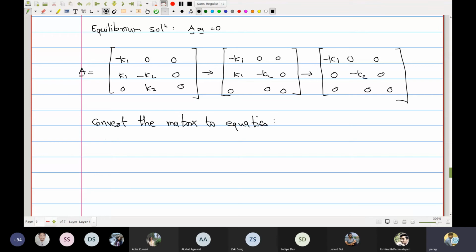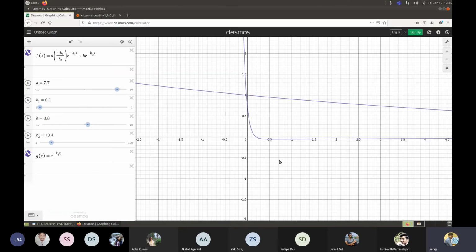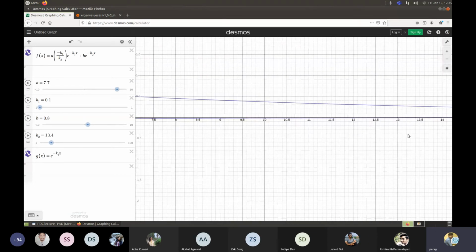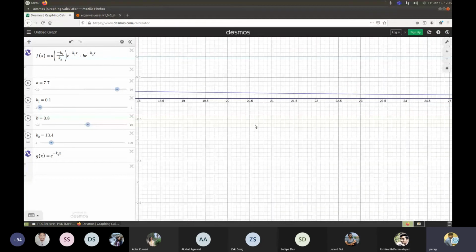Okay, which means minus K1 CA equal to 0 and minus K2 CB equal to 0, which means CA equilibrium is 0, CB equilibrium is 0. Did we not see this? Yes. Whatever you do, you will see that CA and CB always tend to become 0 as t tends to infinity.